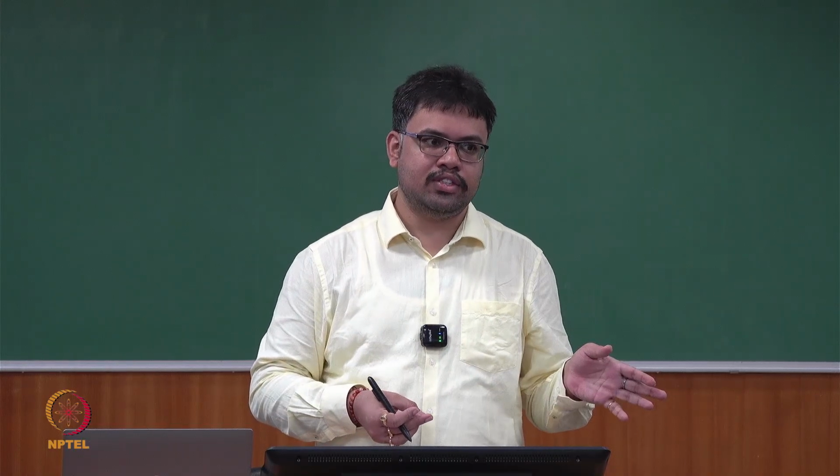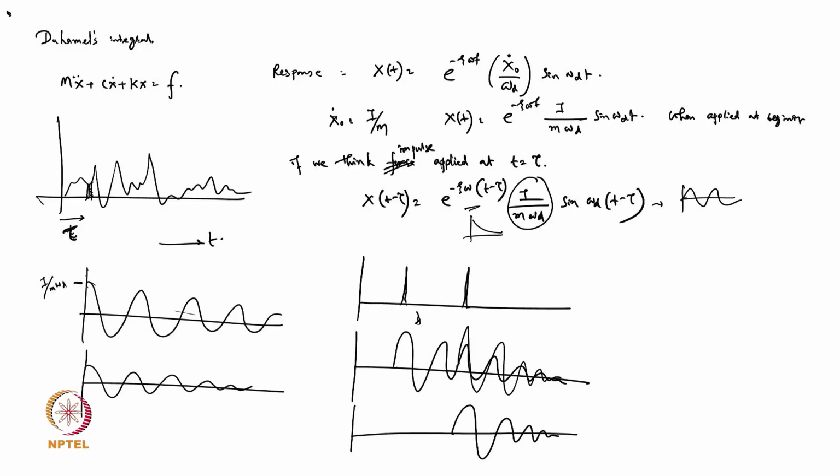And it can be seen that this superposition holds good if the system is linear. Then we can use this type of thing, not a problem at all. Here also the system is linear, so we can use that.